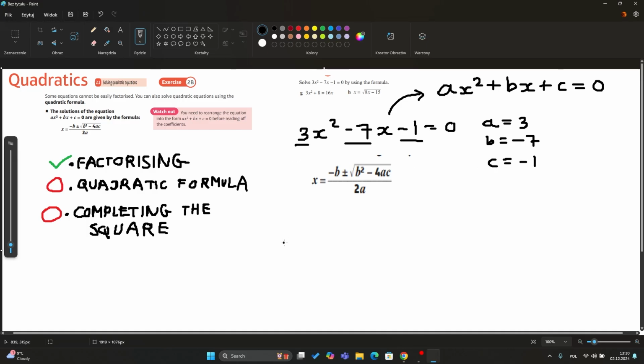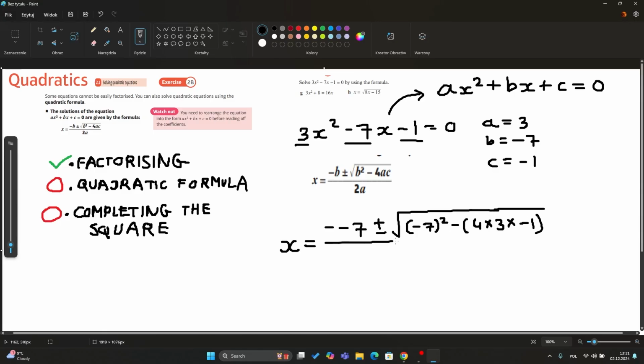Now we plug it in, so x equals minus b, so that's minus 7, plus minus the square root of minus 7 squared, which is b squared, minus 4ac. We plug in the numbers into the formula, and that is all over 2 times 3.